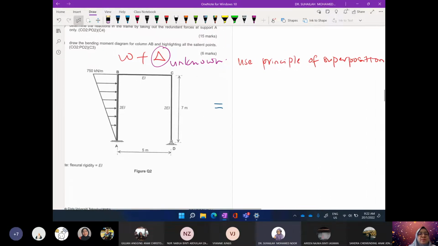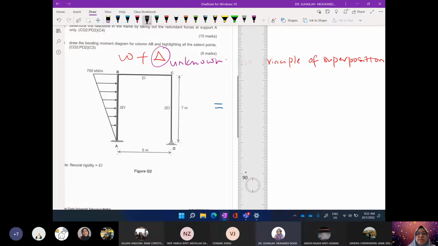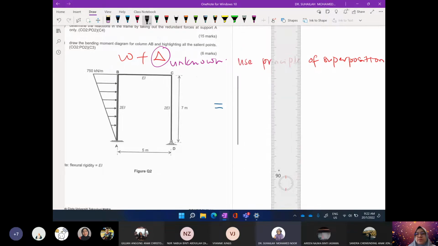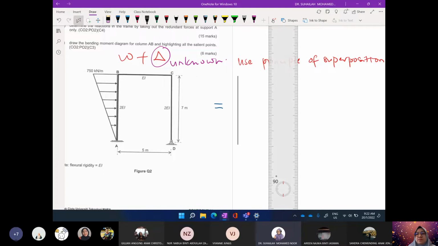By applying the principle of superposition, we know that this frame will tend to sway to the right direction, so we put an imaginary, artificial support at C. That will bring us the restraining force at C. The frame tends to sway to the right, so we have to put the restraining force at C. So we get this.